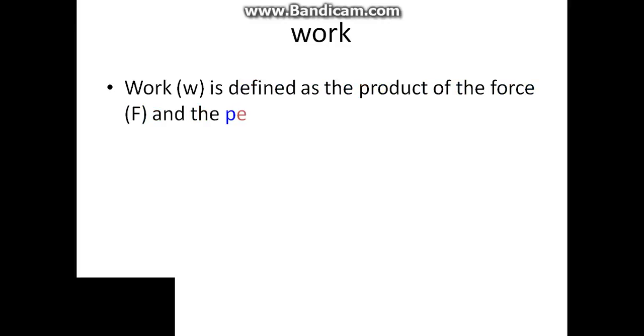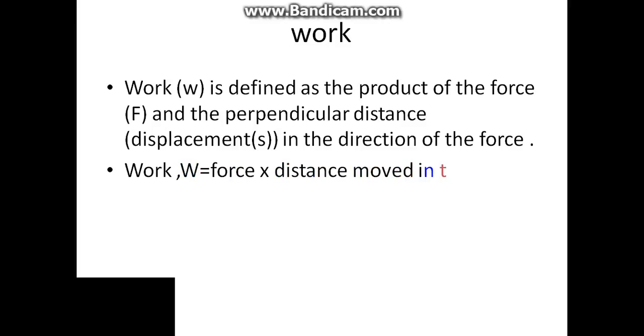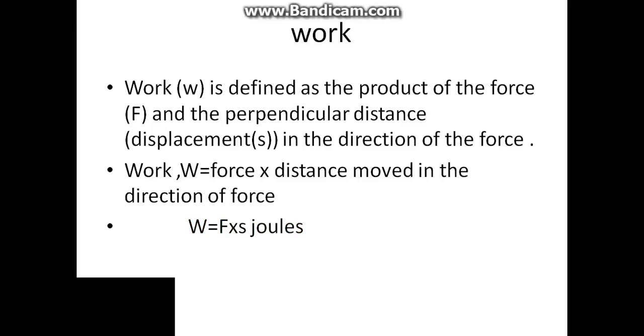Work. Work W is defined as the product of force F and the perpendicular distance displacement x in the direction of force. Work W is equal to force times distance moved in the direction of force. W is equal to Fx in joules. The SI unit of work is joules.